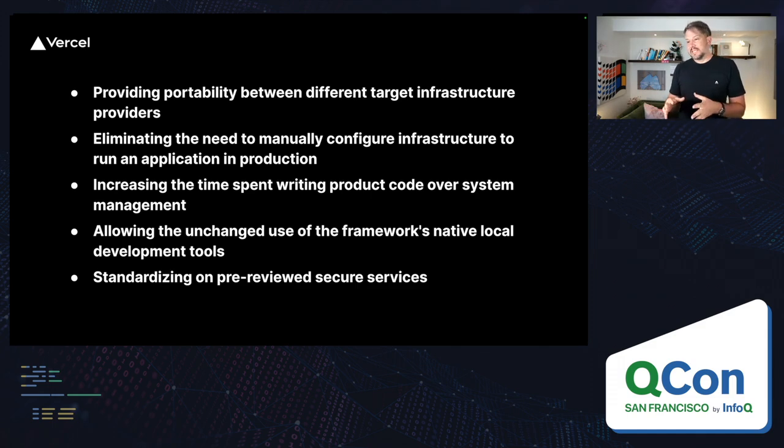Really important is I can use my favorite frameworks and local development tools unchanged. Right? I don't have to figure out how to run my sophisticated setup on my local machine. And because there's this indirection to how infrastructure is defined, we can actually only use the stuff that the security team okayed, right? So that's great.